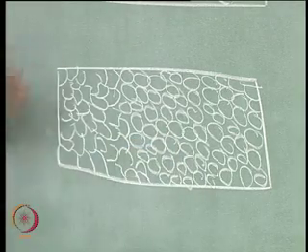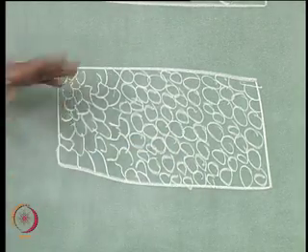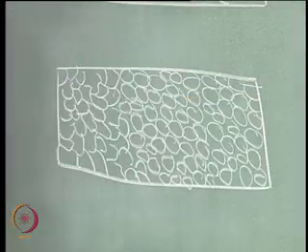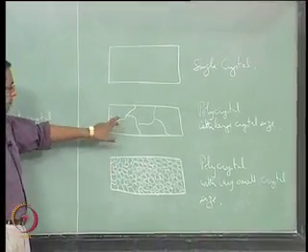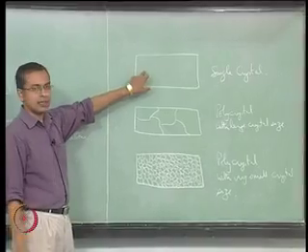Just for completeness we have it now here. Do not worry about the shapes, but basically this is a polycrystal with a very small crystal size, this is a polycrystal with a very large crystal size, and this is a single crystal.